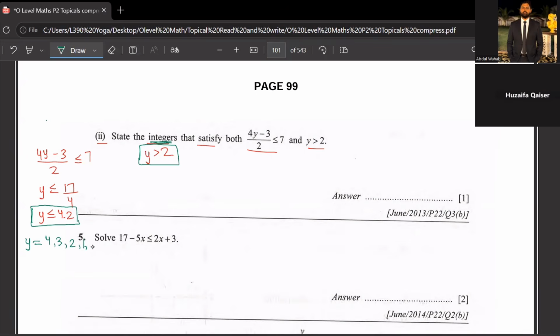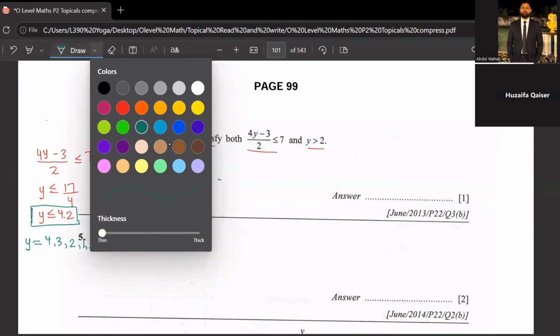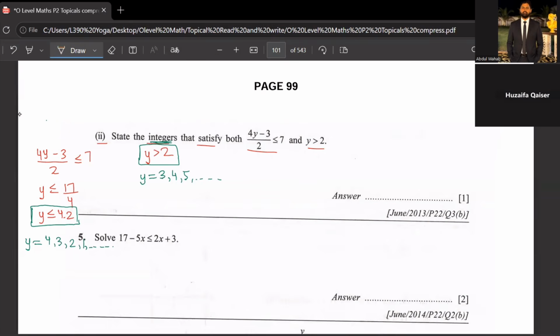These are the integers going on. And if I say y is greater than 2, it means y is 3, 4, 5, and so on.